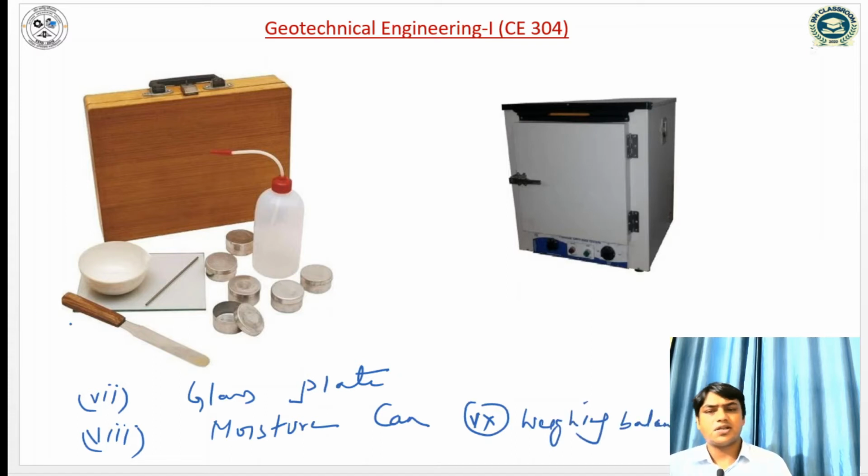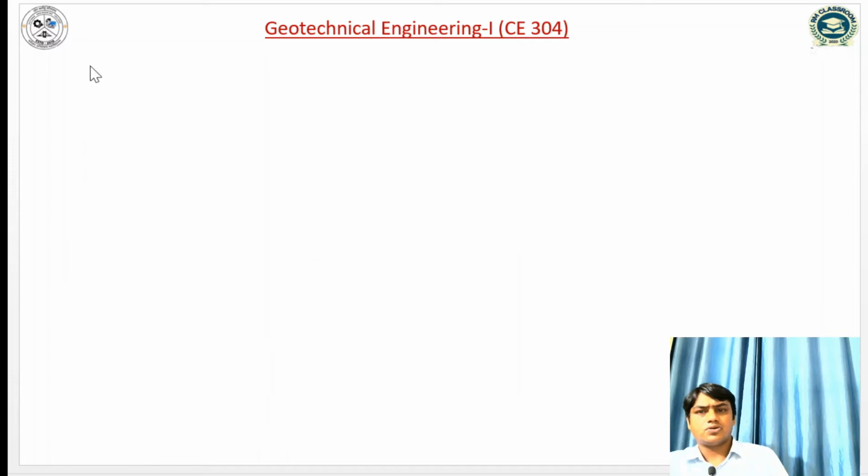So these are the apparatus used for the plastic limit of the soil. What I told: spatula, glass plate, evaporating dish, tin can, distilled water bottle and distilled water, 3 mm diameter needle, oven, and weighing balance.